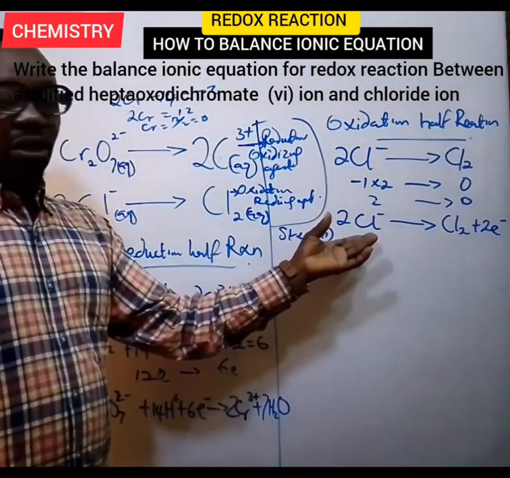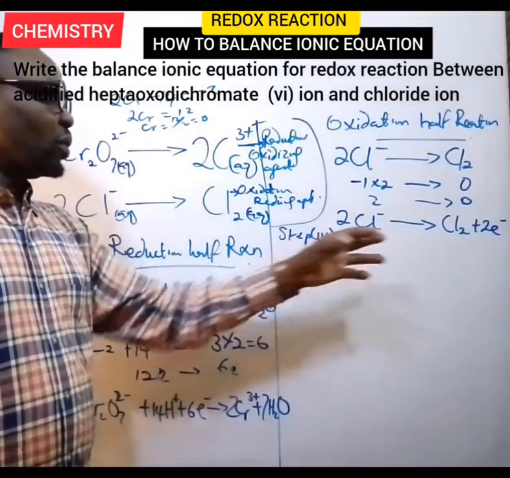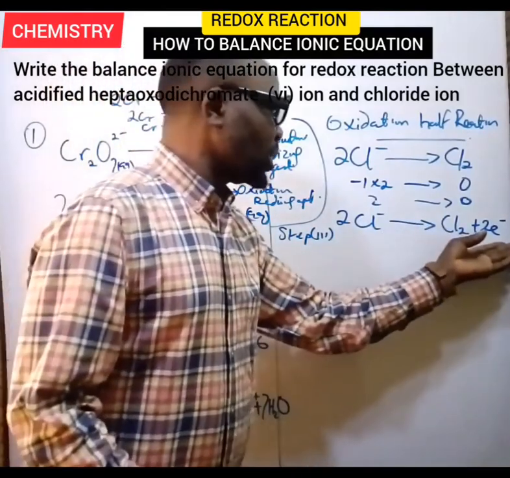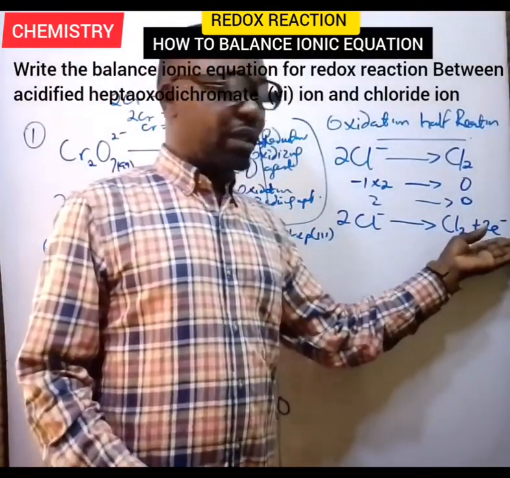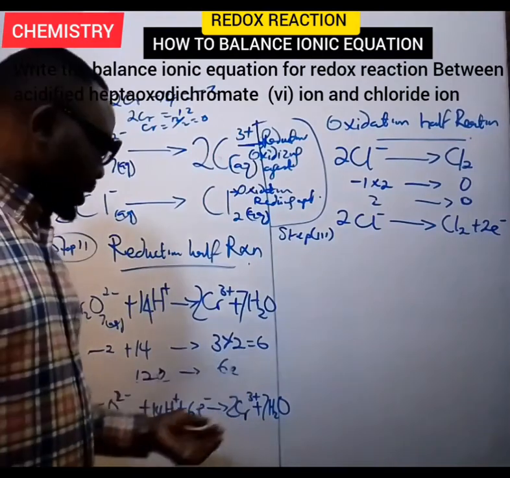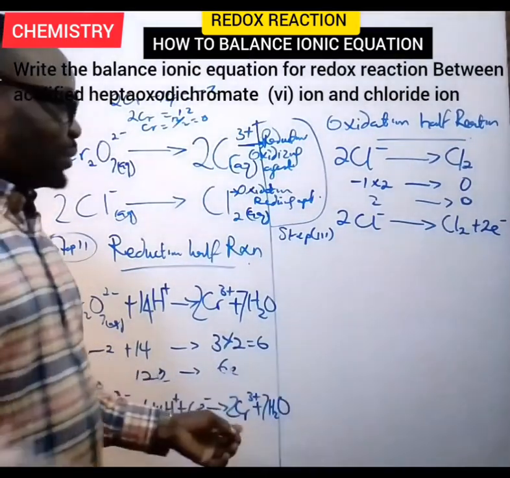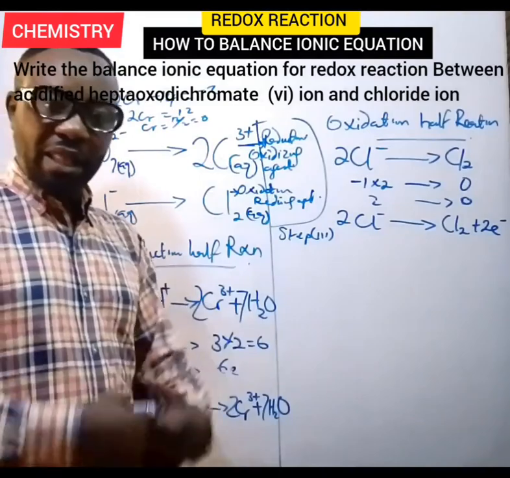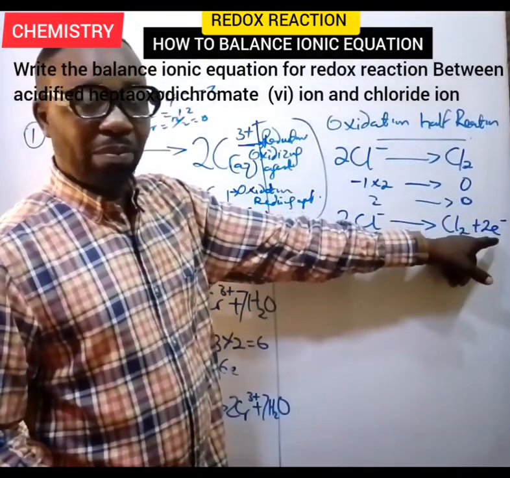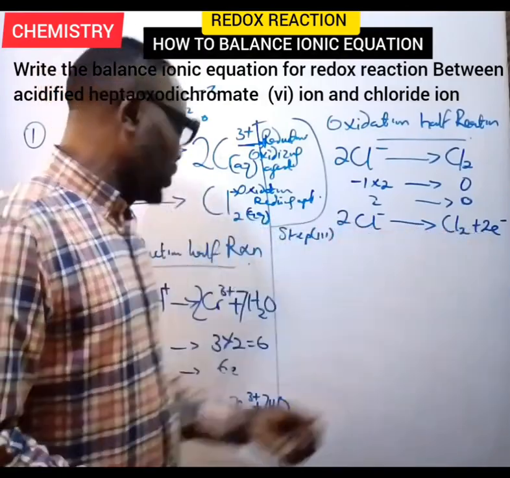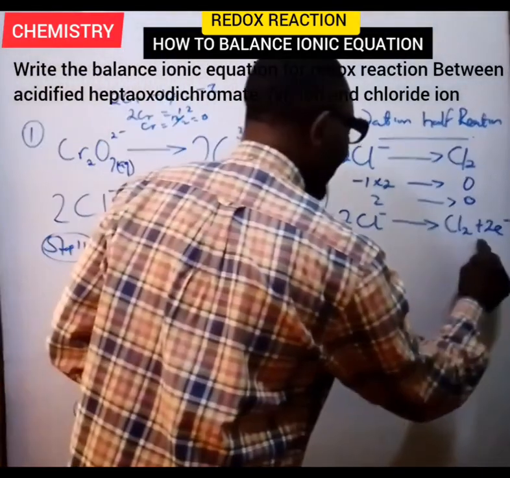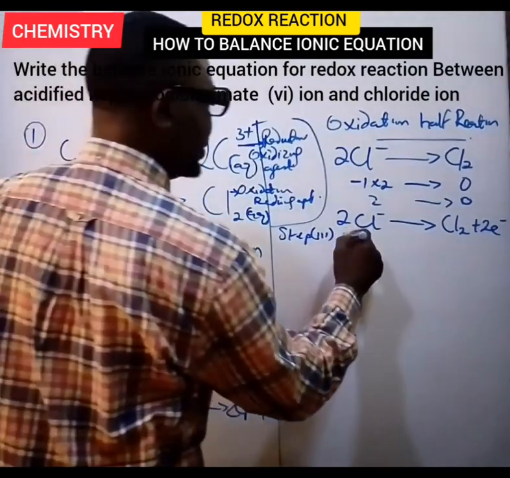But in the oxidation reaction, we have 2 electrons. This one is formed at the product side, and this one at the reactant side. So this one is lost, and it must be equal to the number gained. So this electron here must be multiplied by a value that will turn it into 6 electrons.